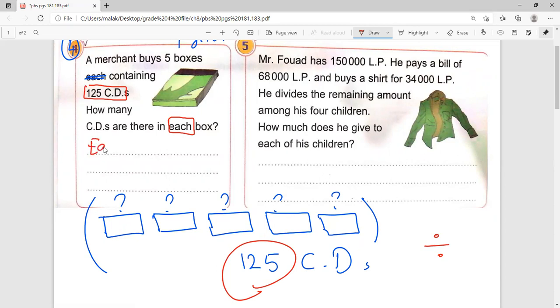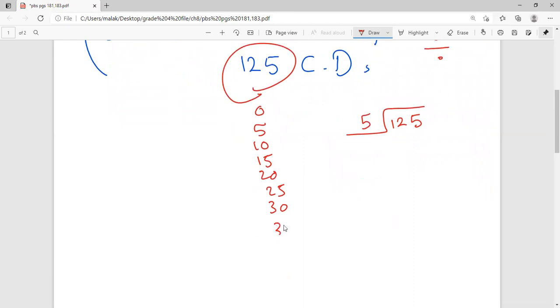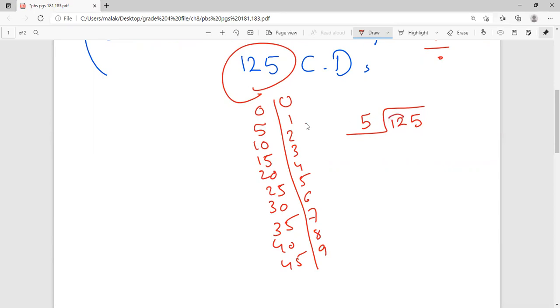So just one equation, guys. 125 divided by how many boxes? 5. Okay? Let's arrange it down. So 125 divided by 5. 0, 5, 10, 15, 20, 25, 30, 35, 40, 45. 0, 1, 2, 3, 4, 5, 6, 7, 8, 9. 12, which number very close to 12?